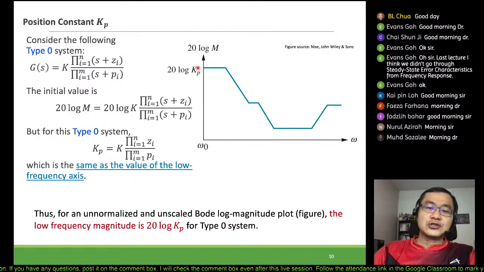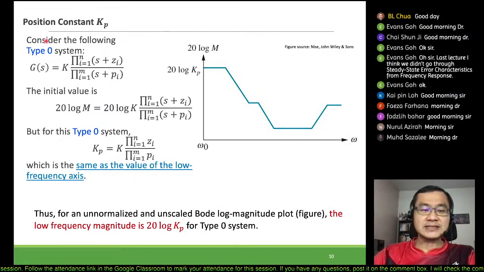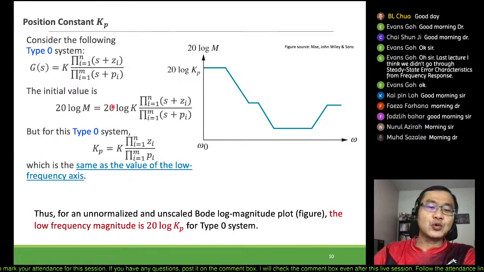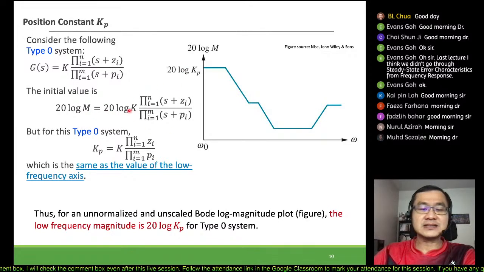Okay. So based on that, this position constant, or the kp itself, is related to the type 0 system. And we know that for this type 0 system, the initial value would be equal to this value, which is this m, the 20 log m equals this, and this value is your m value, right?